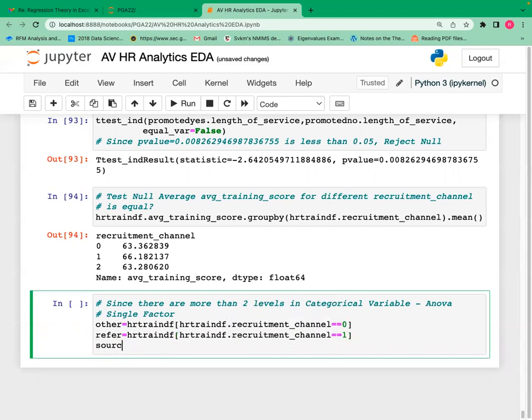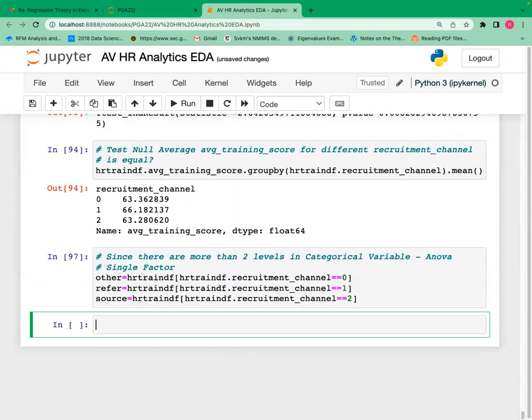Source is equal to HR train DF square bracket HR train DF dot recruitment channel double equals to 2. So other is 0, referred is 1, sourcing is 2.